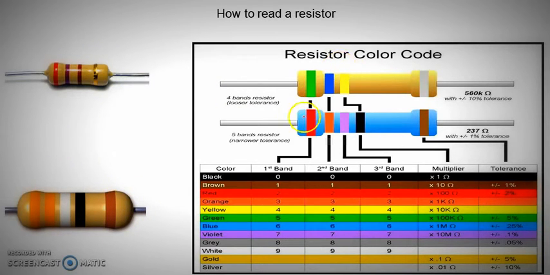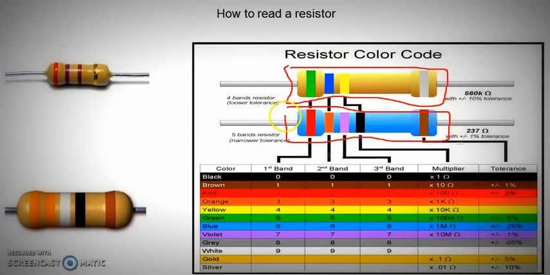You can see here the color bands of a 4-band resistor as well as a 5-band resistor are clearly marked in the table below. Each color is identified by a value which is given as a digit.